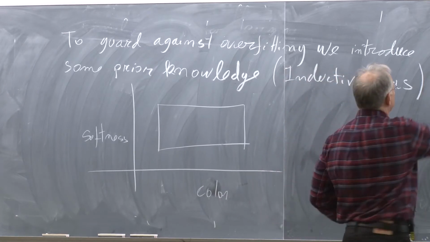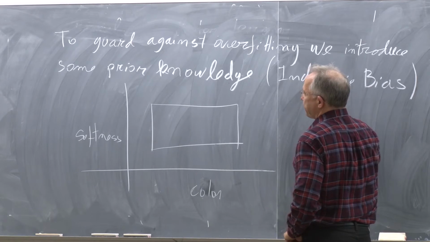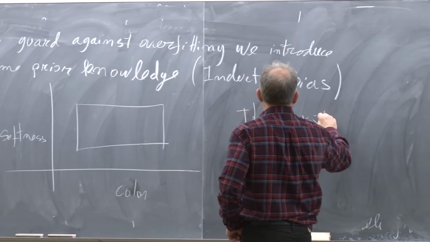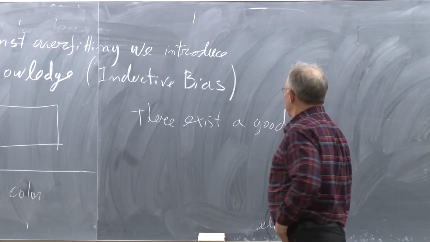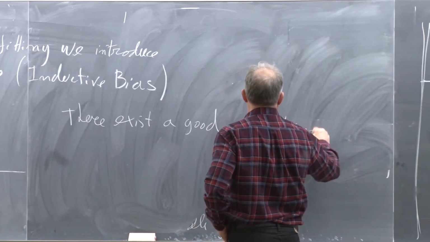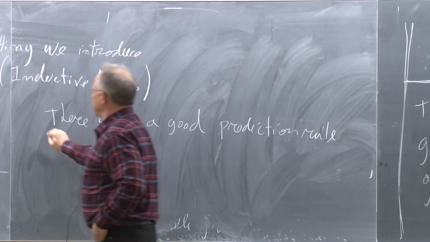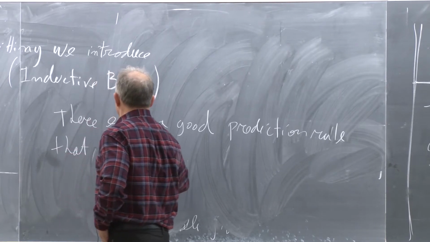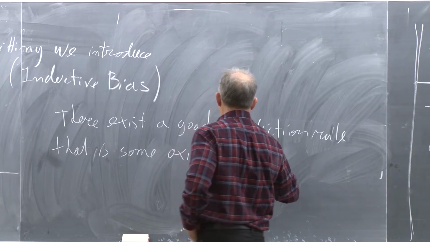So we assume the prior knowledge that there exists a good prediction rule that is some axis aligned rectangle.